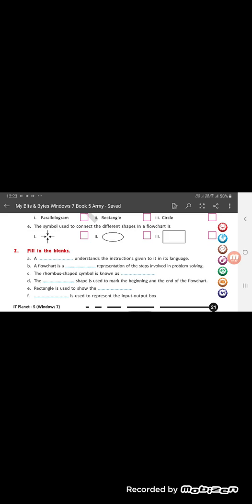Number 4, the oval shape is used to mark the beginning and end of the flowchart. A rectangle is used to show the processing. Simple processing is shown by a rectangle. A parallelogram is used to represent the input output box.